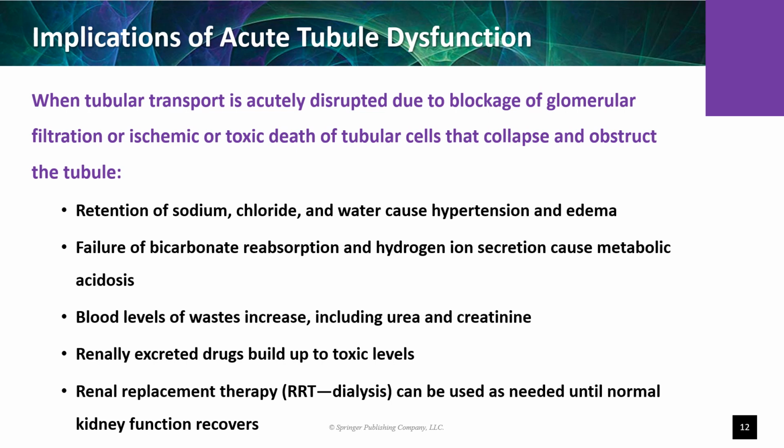Drugs that are renally excreted will build to toxic levels. And this will determine the necessity for dialysis to aid the kidney in removing waste products until the kidney is functioning appropriately.